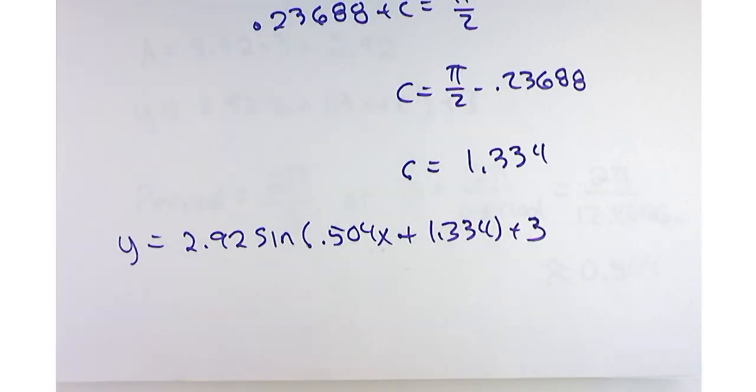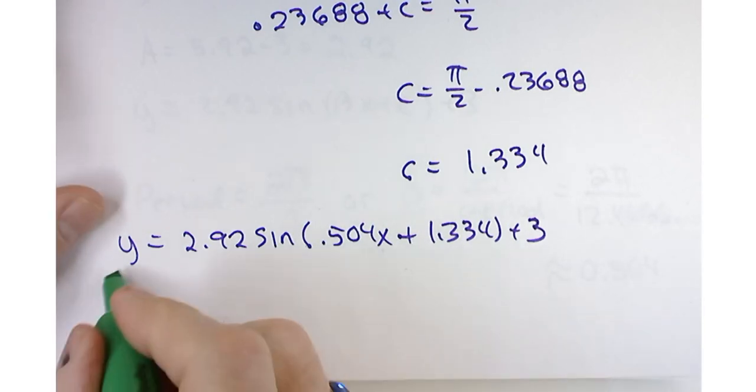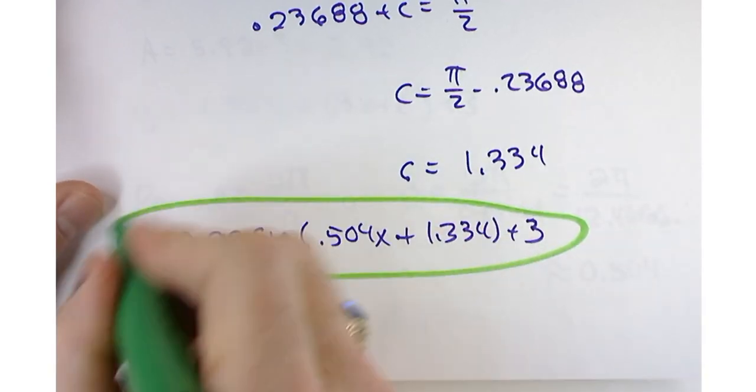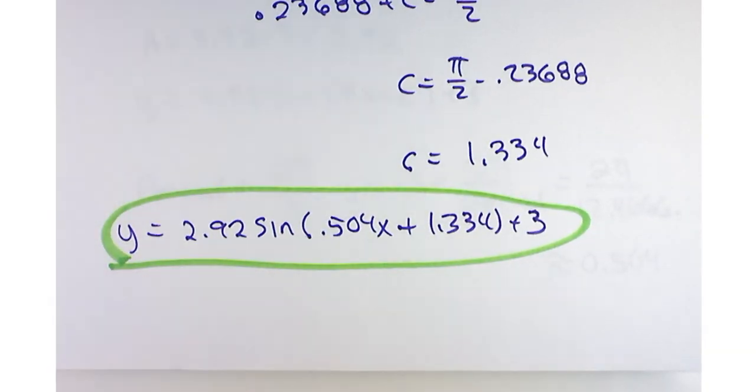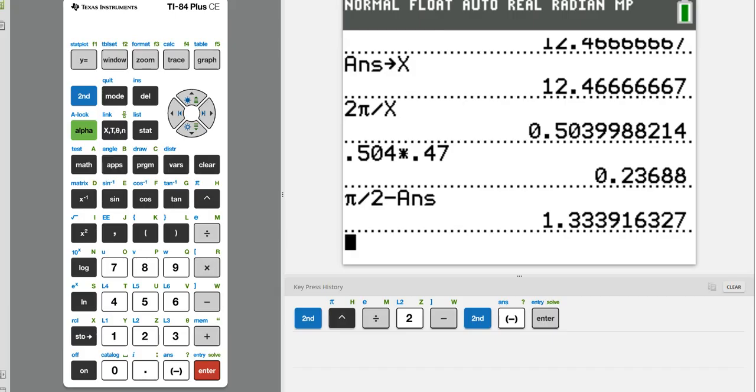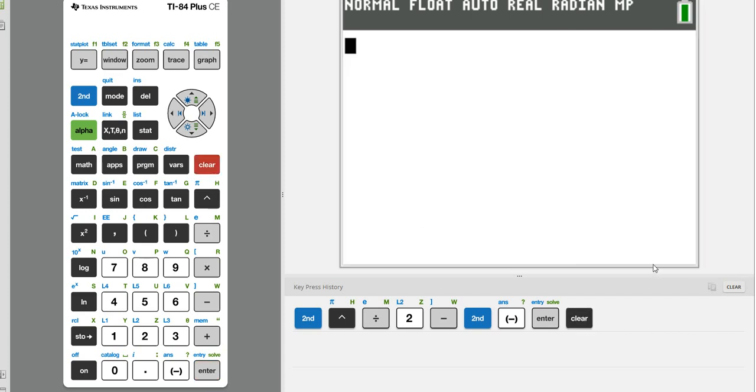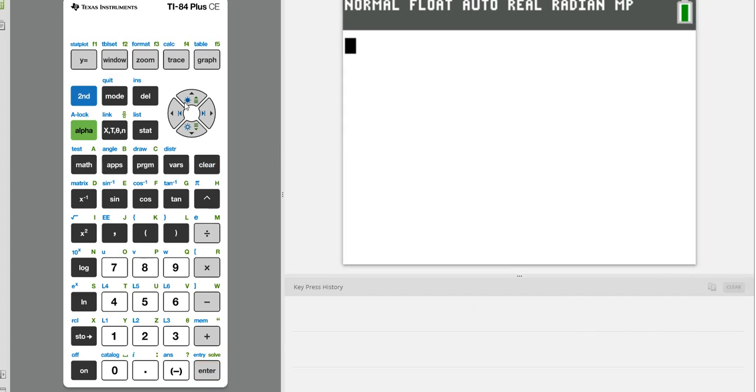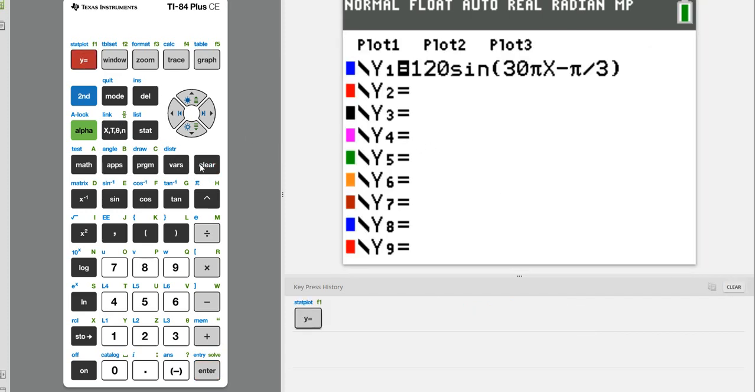Now, after you do all this work, you might be saying, well, wow, I did a lot of work. I don't know if I got it right. Well, you can check your answer this way. Let's plug that into our graphing calculator. Let me clear out all this stuff, and I'll enter this function into my graphing calculator.